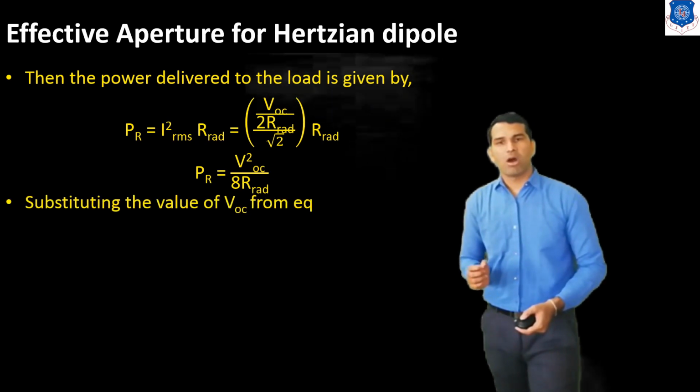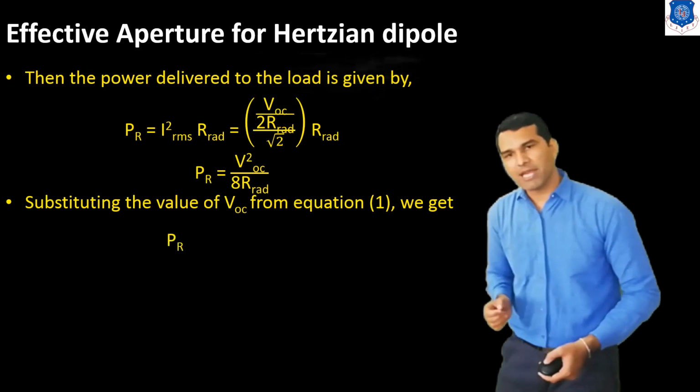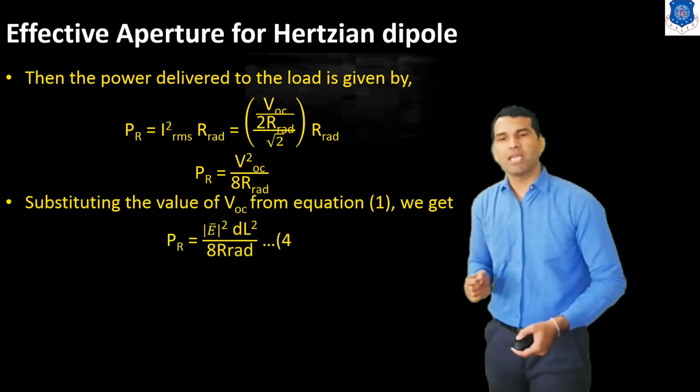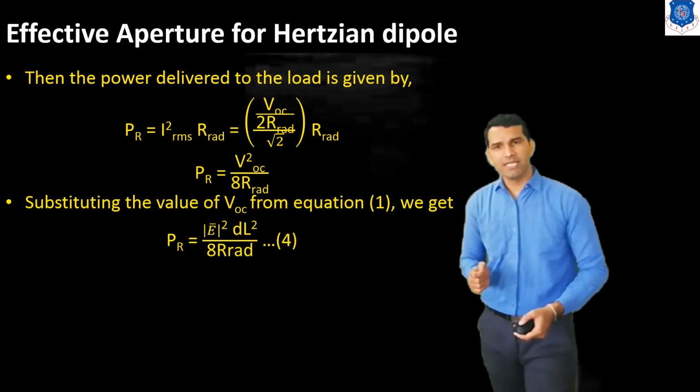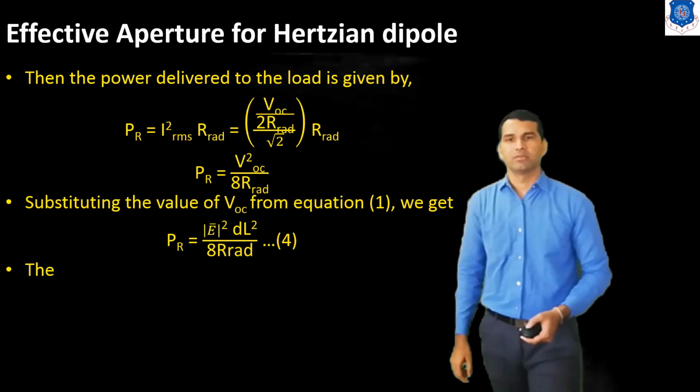Substituting the value of VOC from equation number 1, we get PR is equal to E squared dl squared upon 8 R radiate.